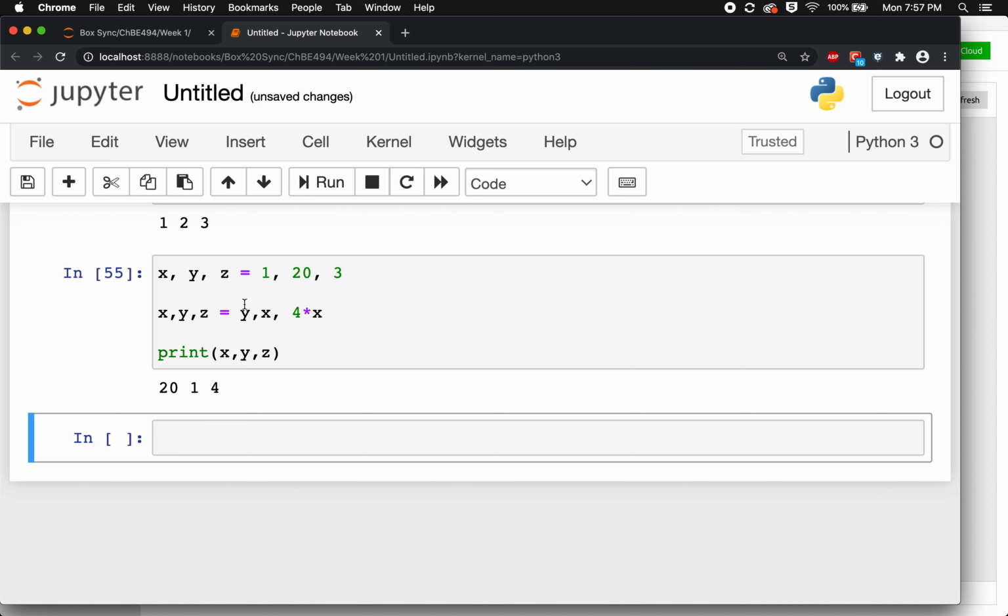So x is initially 1, y is initially 20, z is initially 30. Now I'm saying let's set x to y, and y was 20, so now x is 20. Y, I'm setting it to x, that initial value, which was 1. And then z, I'm setting to 4 times x.